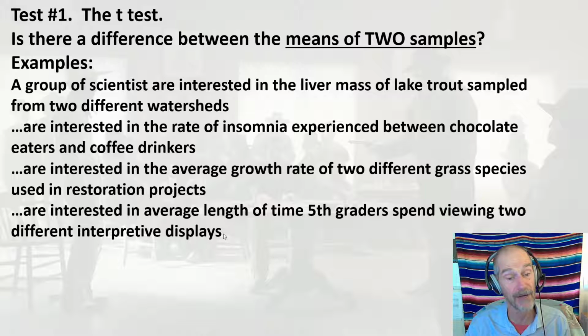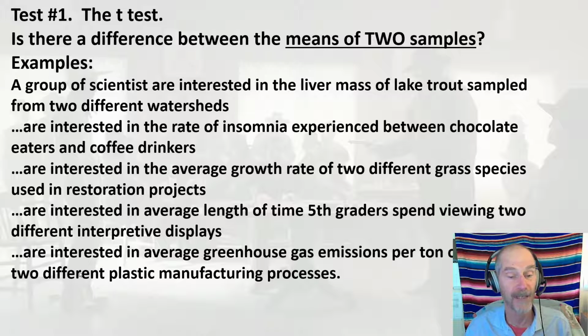Some of you are interp option people, and so you could do science on your interpretive displays. Or interested in average greenhouse gas emissions per ton of product. That's a mouthful. Greenhouse gas emissions per ton of product of two different plastic manufacturing processes. So your unit is going to be CO2 equivalents per ton, and you measure that in two different plastic manufacturing processes.